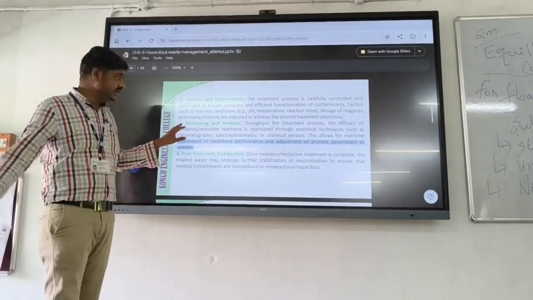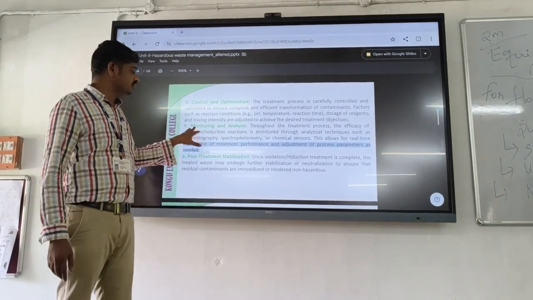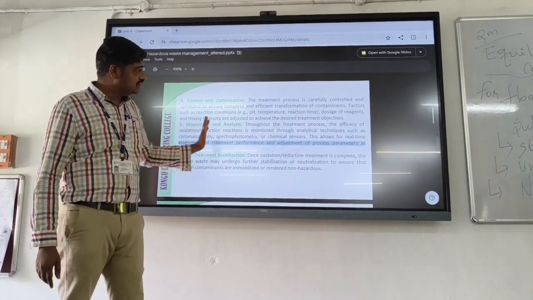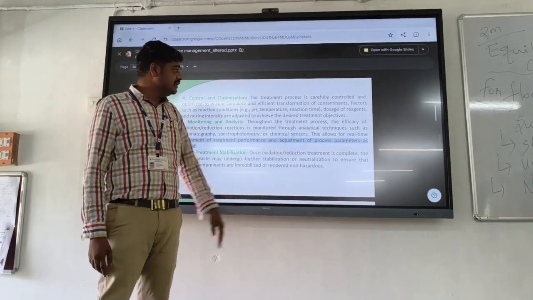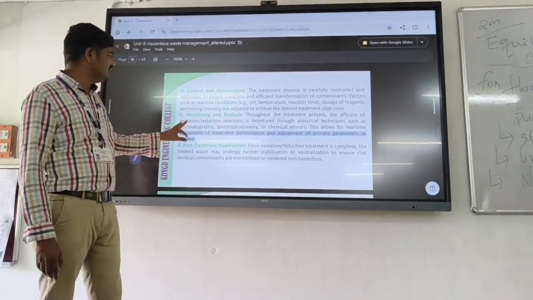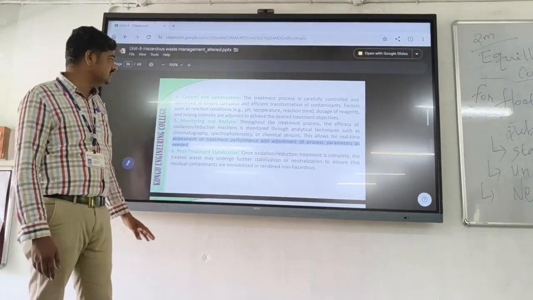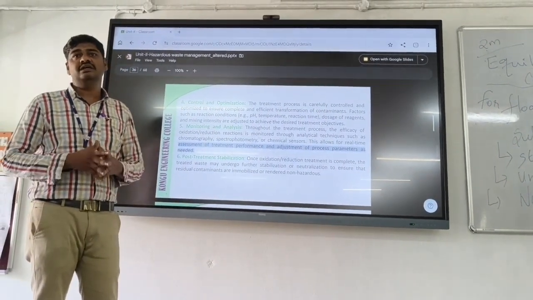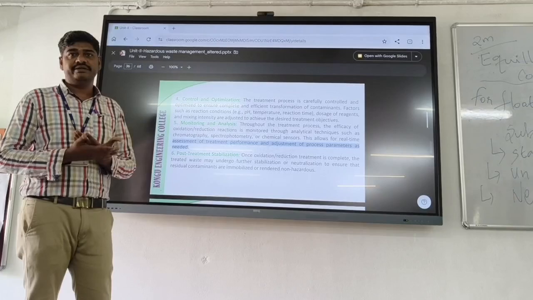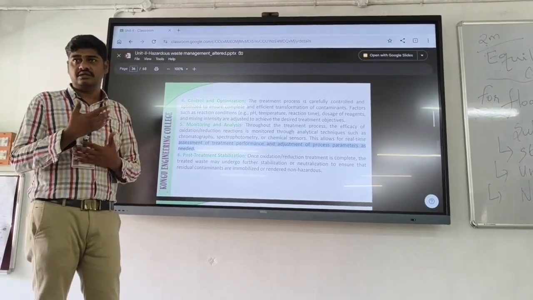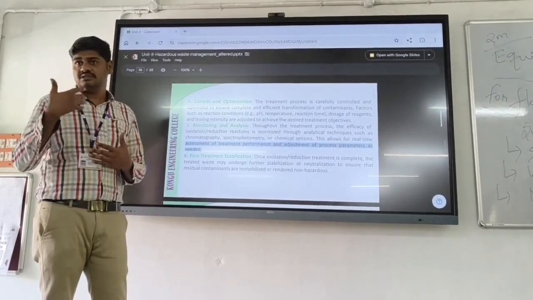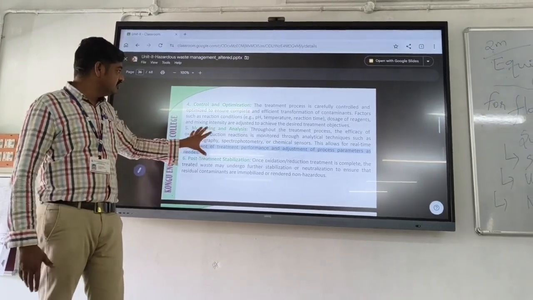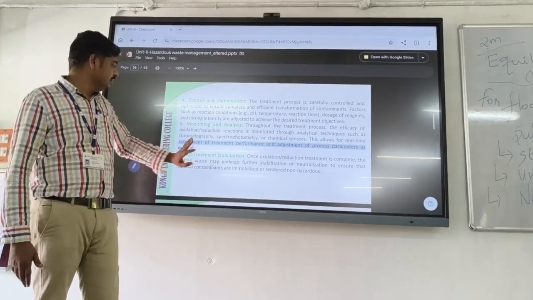Then monitoring and analysis: throughout the treatment process, the efficiency of the oxidation-reduction reaction is monitored through analytical techniques. We monitor whether the reactions are completed and how long they run.